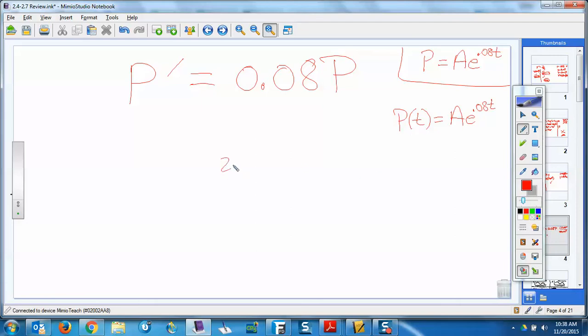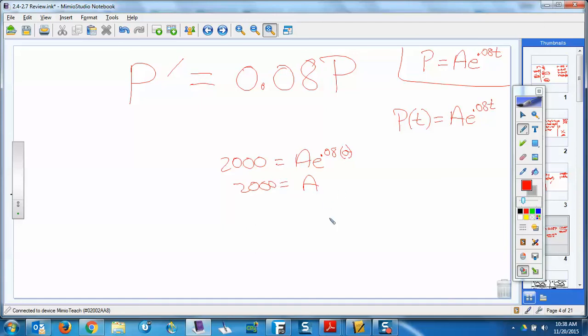So technically, the P is the 2,000. And the little t is time. And when you first put it in, what's the time? 0. So then what happens? You have e to the 0, which is 1 times A. So you have A equals 2,000. So that's why the A is 2,000, right?